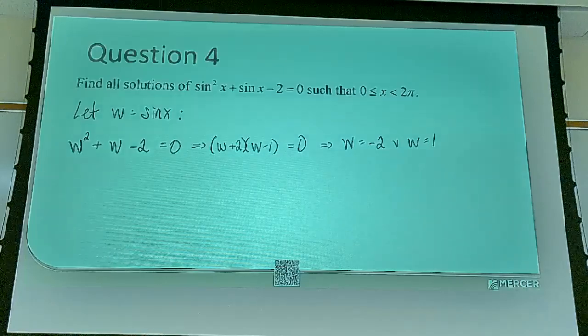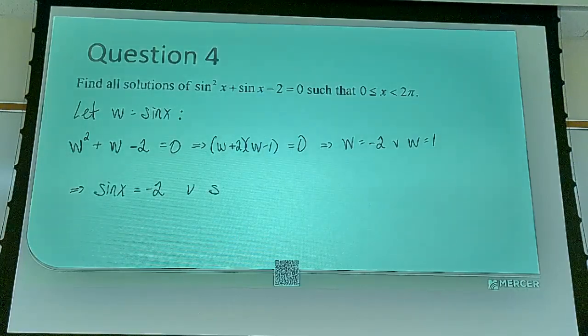But what was W? Sine of x, right? Where is sine equal to -2? What's the range of sine?